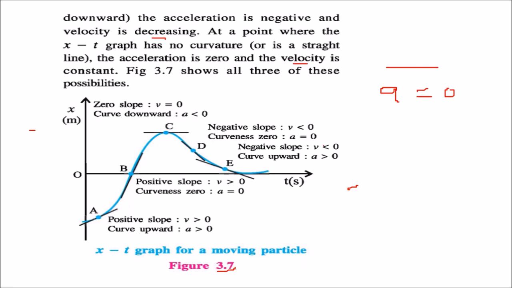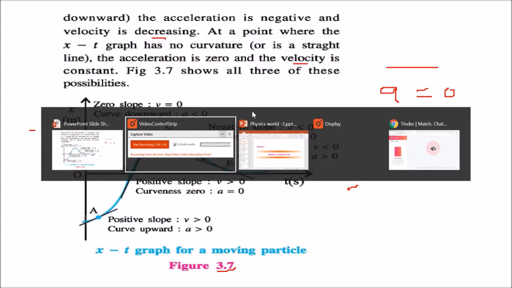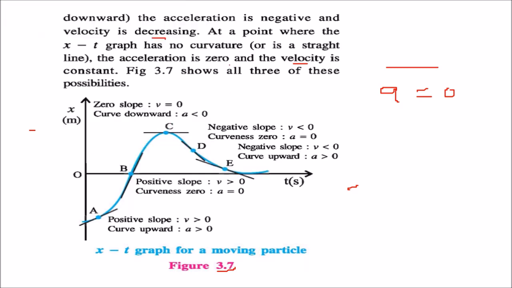Let us start with the 0 one. Here we have slope as 0 in the xt graph. This is our whole graph. Here we have 0 slope, that is velocity is 0, and because it is curved downwards, acceleration is less than 0. Let me remind you again.